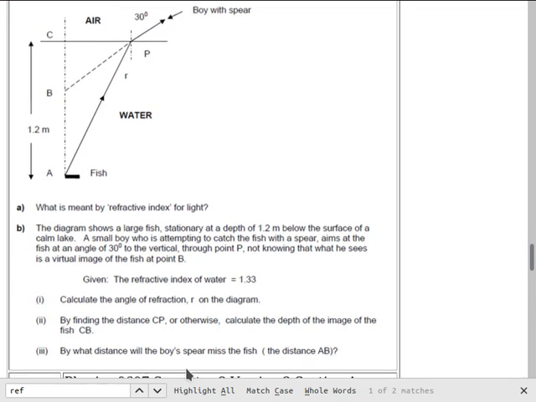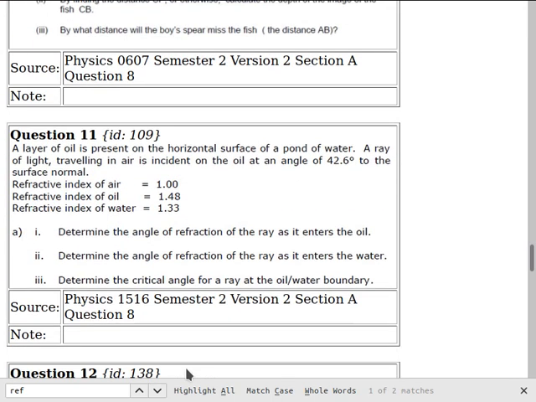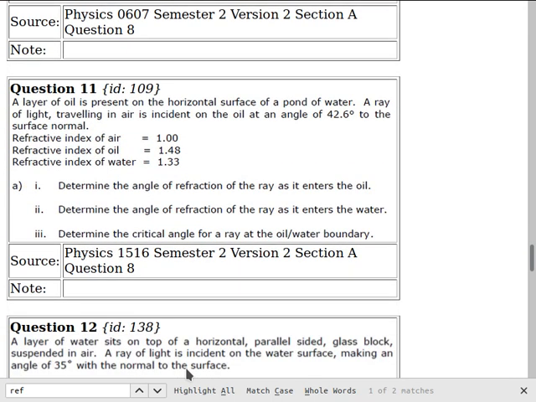So let's see what's happening in the next one. Okay, this looks like a question where the light goes from air, oil, water. I think what's happening is you have a glass of water, something like this, and there's oil sitting on the top, isn't it? Okay. And the light would first hit the air, then the oil, and then the water, in that order.